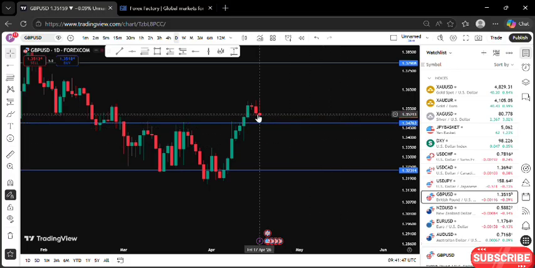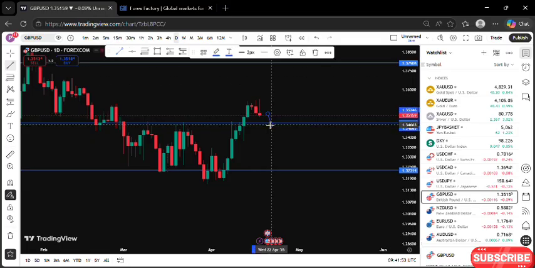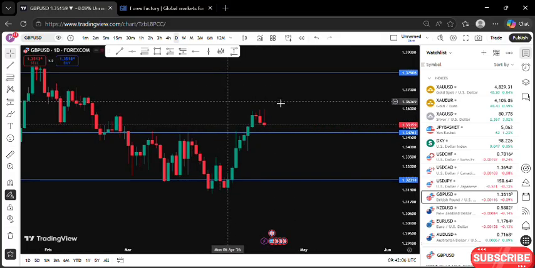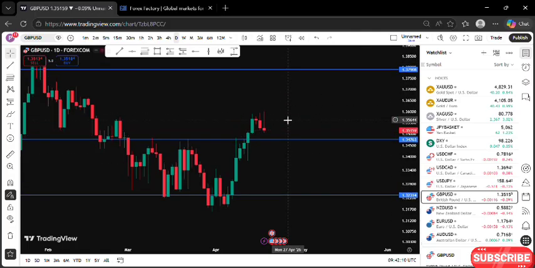So on this level, I can see that when the market opens on Monday, this is what I expect the market to do: touch this zone and we go bullish again. But meanwhile, we can conclude that for now, till the market opens on Monday, our bias on GBPUSD is still bullish.